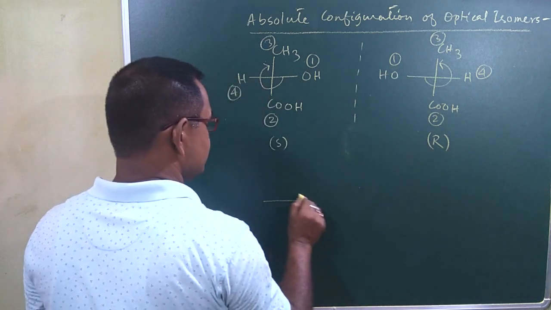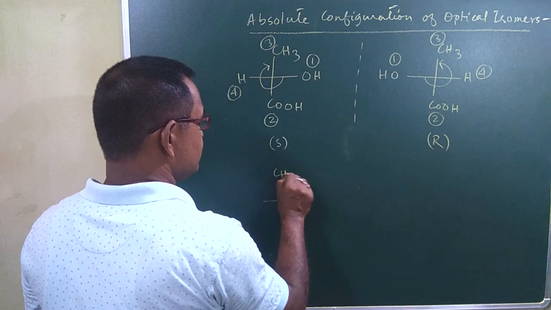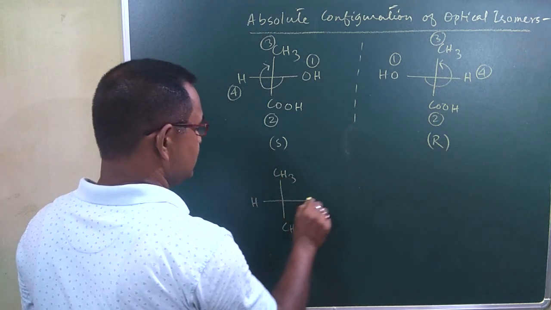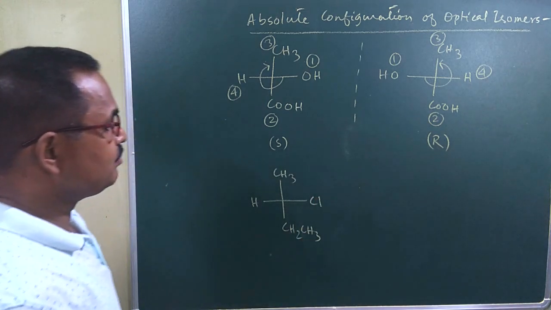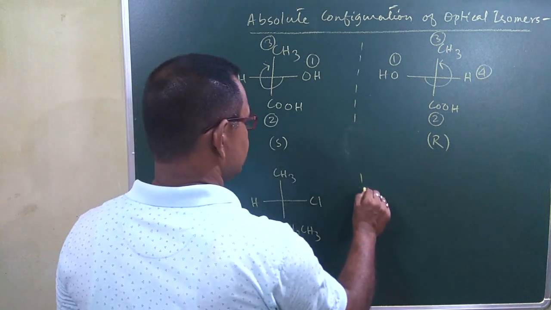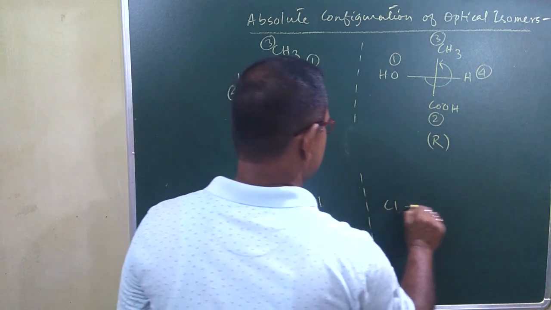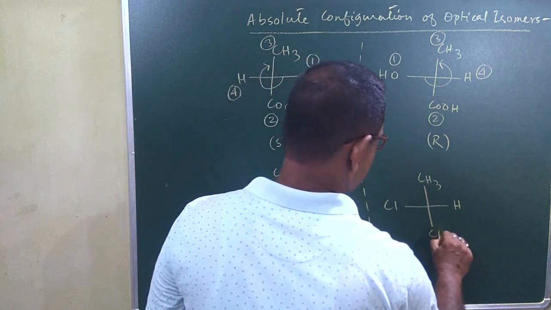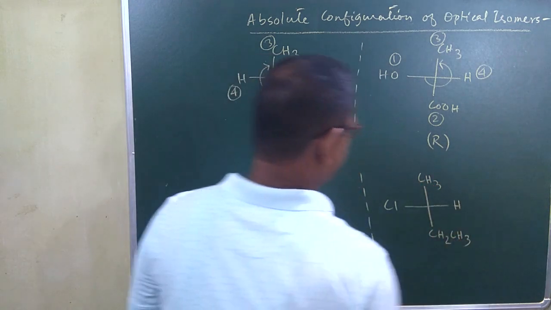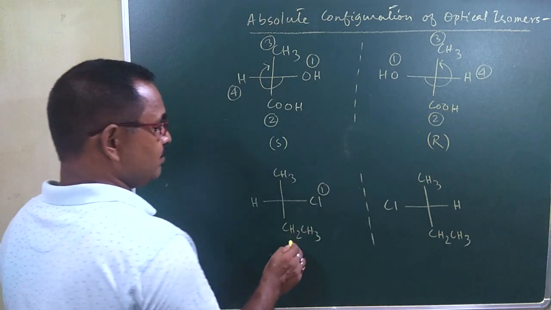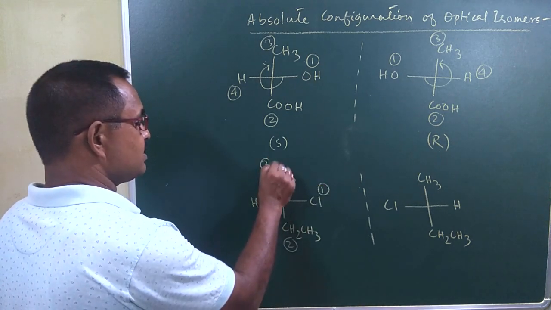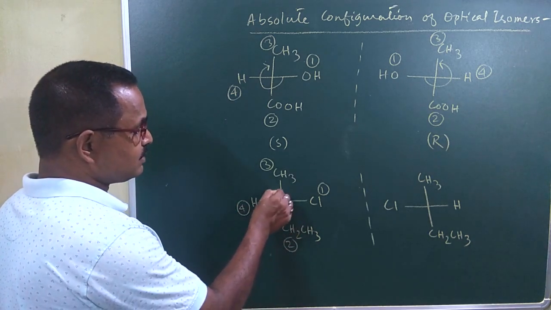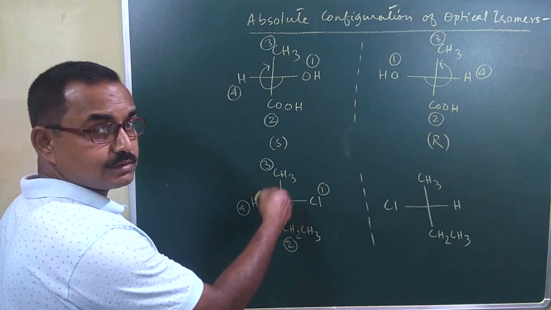Consider this. CH3, CH2, CH3, HCl, 2-chlorobutane. Mirror image of this compound is this. This is priority 1, 2, this is 3, this is 4. 1, 2, 3 rotational sequence is clockwise.